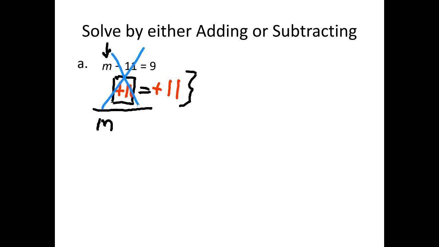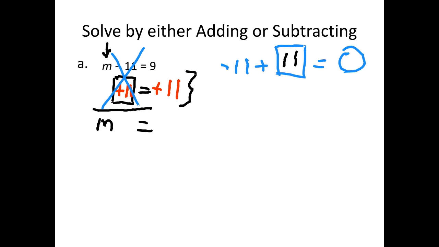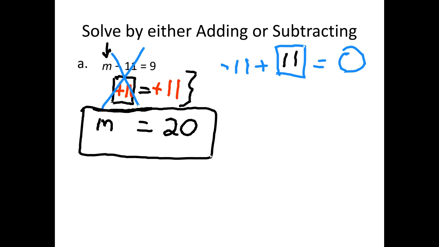Negative 11 plus what we put in the box has got to equal 0. Well, that's got to be a positive 11. But we then cancel those out, and then on the right side of the equal sign, we take 9 plus 11 to give me 20. My answer for this one is m is equal to 20.